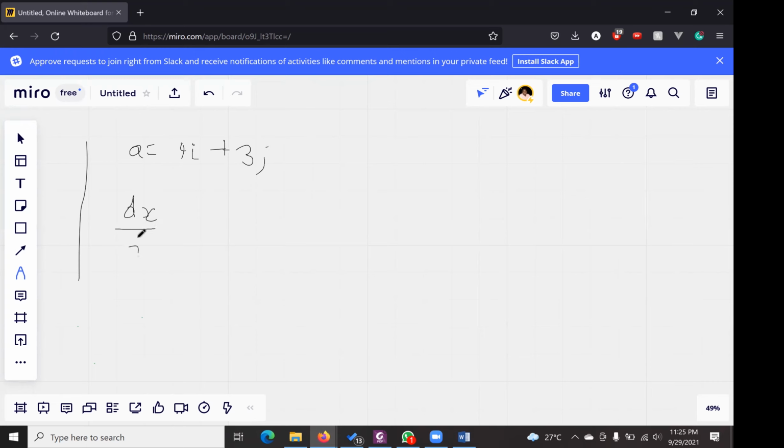What is the name of that? Dx by dt? Acceleration. Differential. Rate of change. I mean, everybody was right. It is a differential. It is the rate of change. But I'm looking for velocity, all right?